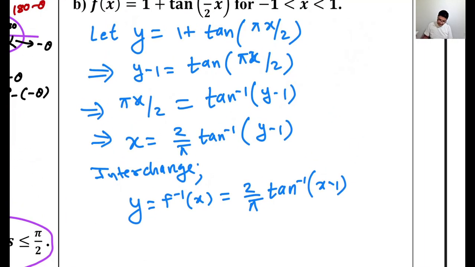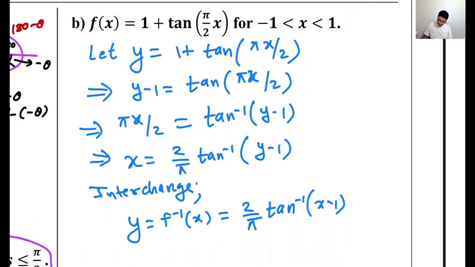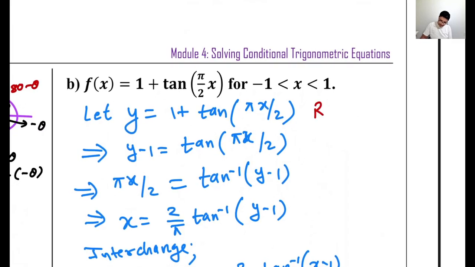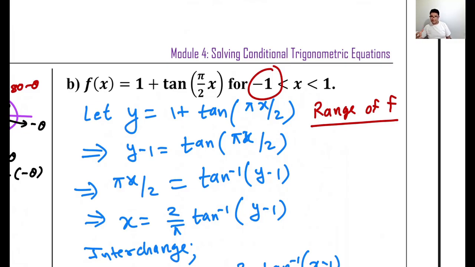The domain and range, we'll see. I'll do the calculation here for the range of f. Okay, you plug in minus 1, although that is strict inequality, we're plugging in to get the endpoint of that interval.